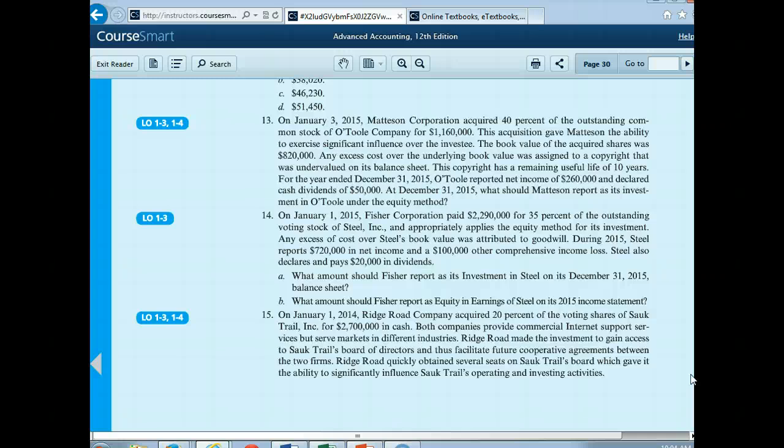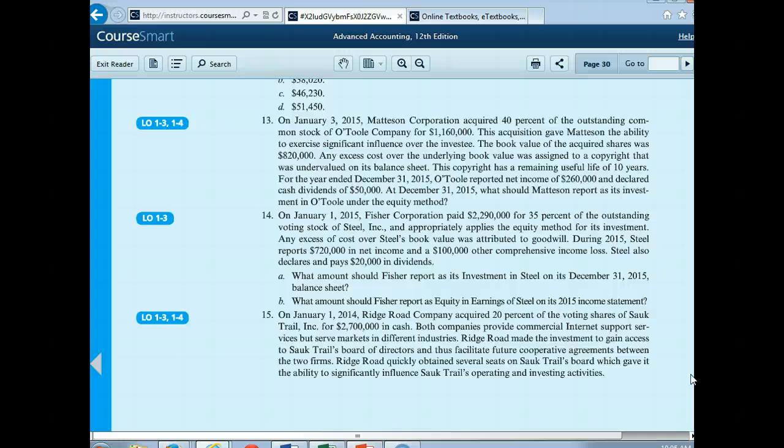Any excess of cost over Steel's book value is attributed to goodwill. During 2015, Steel reports $720,000 in net income and $100,000 in OCI loss. Steel also declares and pays $20,000 in dividends.